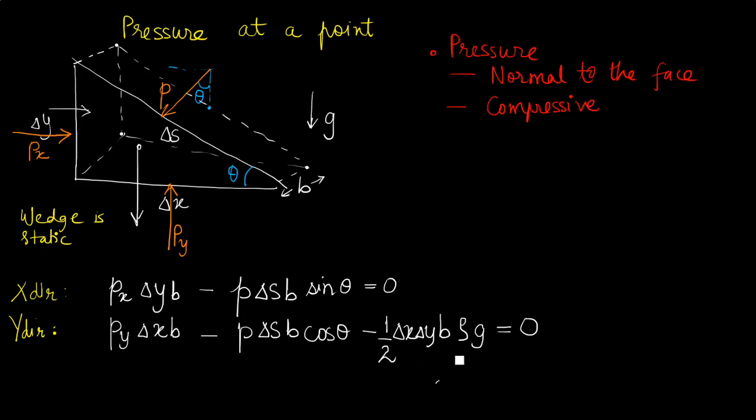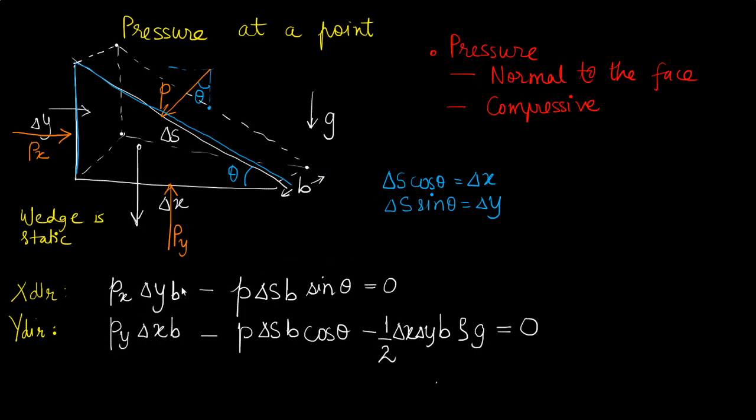Let us simplify these expressions by making use of trigonometry. From this particular trigonometry, we see that delta s cos theta will be equal to delta x, and delta s sin theta will be equal to delta y. These follow simply from trigonometry, because this is delta y, this is delta s, and the projection of delta s on the x axis is delta x, and that projection is the cos theta.